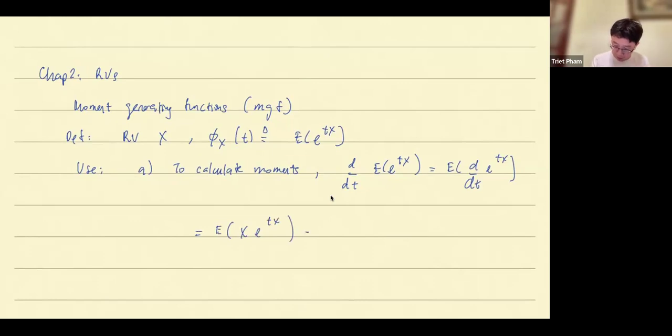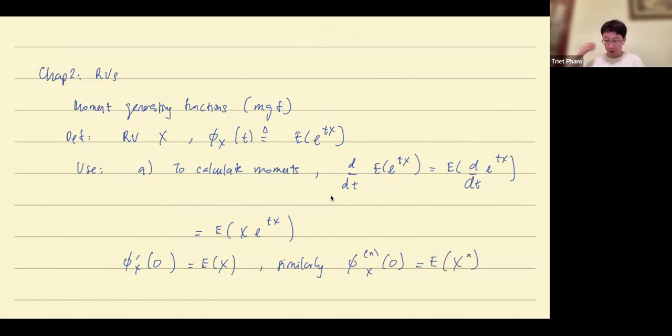And so if you plug in t equal to 0, then that's just the expectation of X. And so on. Basically, if you differentiate n times, then that's the nth moment, okay?